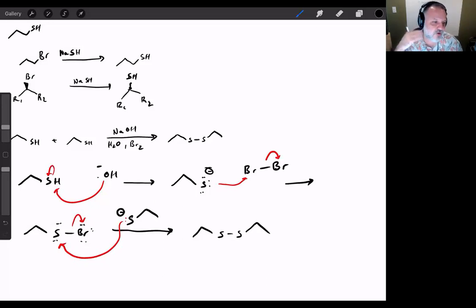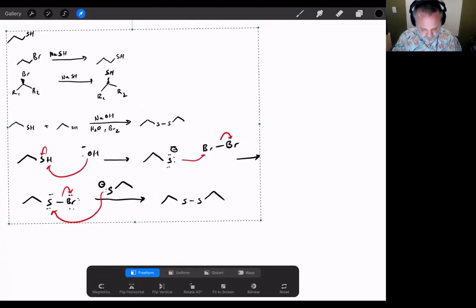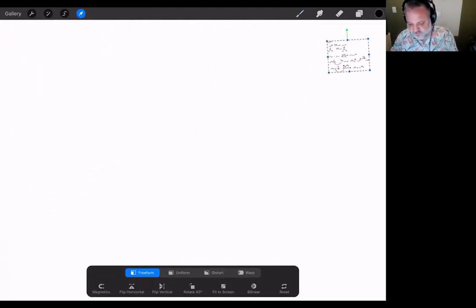If you have curly hair and you take a shower and you notice that your hair isn't as curly anymore when it's wet, some of the disulfide bridges have broken, and then as the hair dries, some of those disulfide bridges reform. So, interesting factoid of chemistry there. Okay, any questions with that little bit?